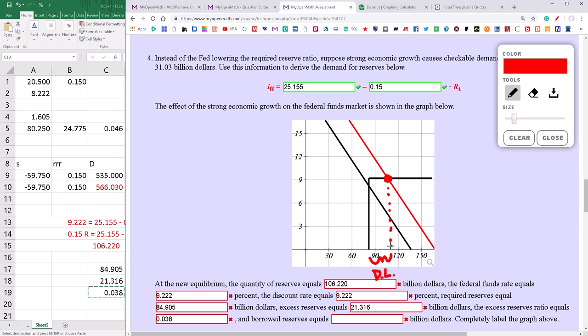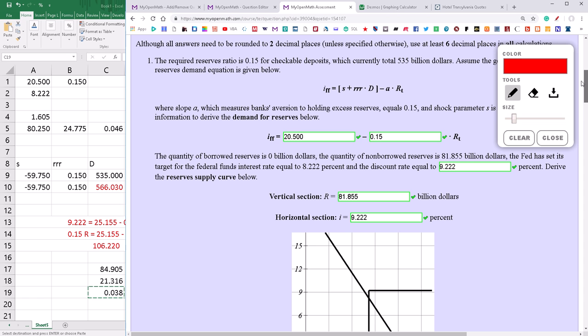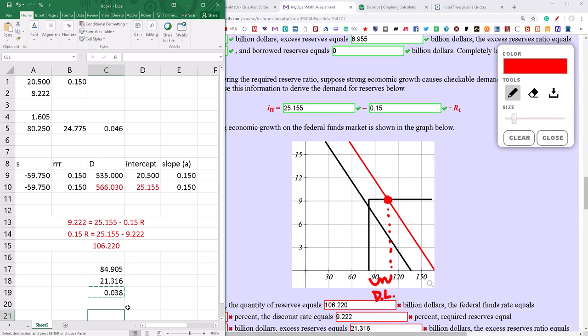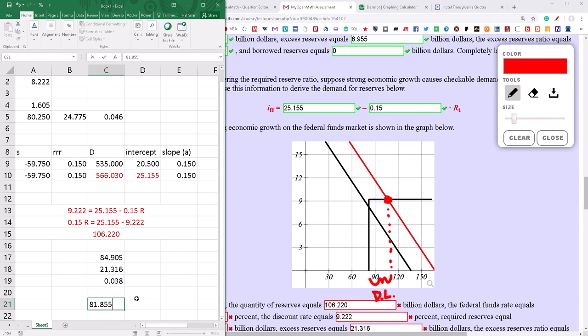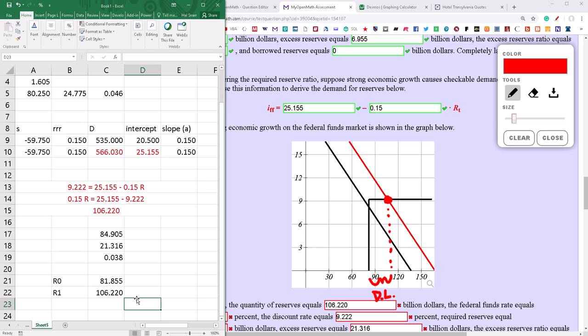Remember, this value here was 106.22, and this value here was what was it originally? 81.855. So 81.855 was the original reserves. The new reserves is equal to 106.220. The discount loans is the difference between the two.